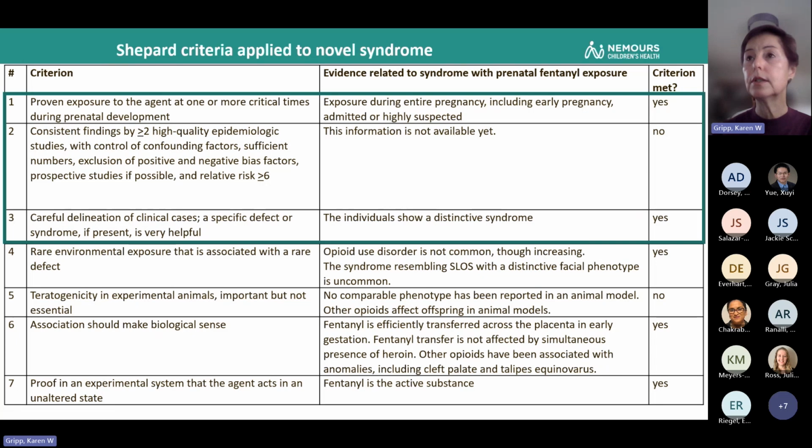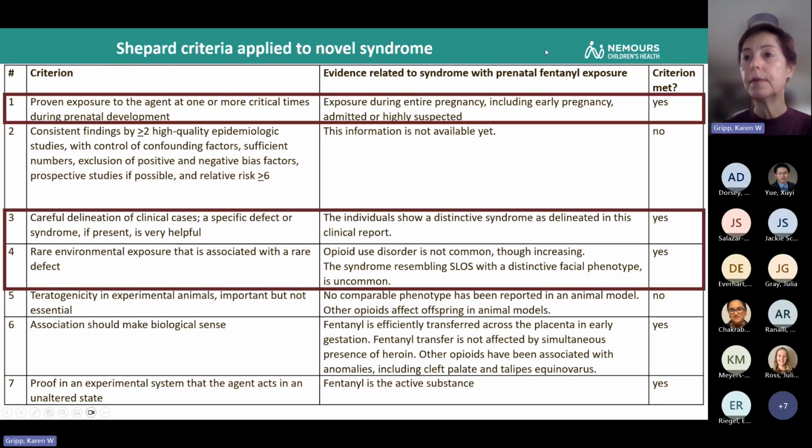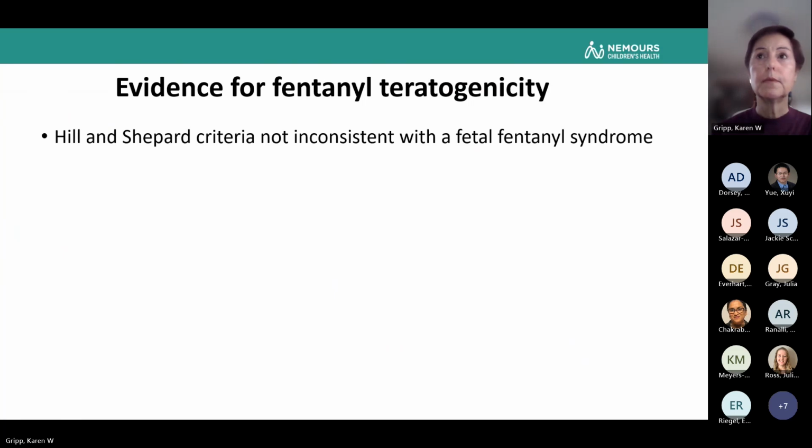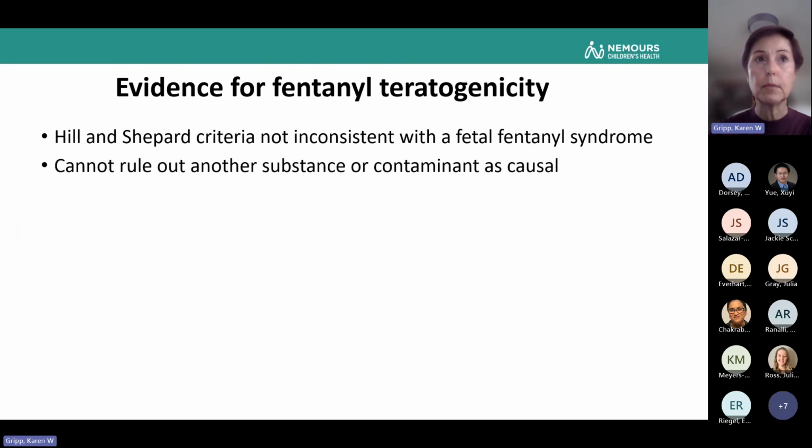And in order to be considered meaningful, one has to either meet the first 3, which we didn't at that point, or criteria 1, 3, and 4, which we already met at this early stage. So we had some evidence that this indeed was due to fentanyl teratogenicity. The Shepard and Bradford Hill criteria were not inconsistent with this being fetal fentanyl syndrome.